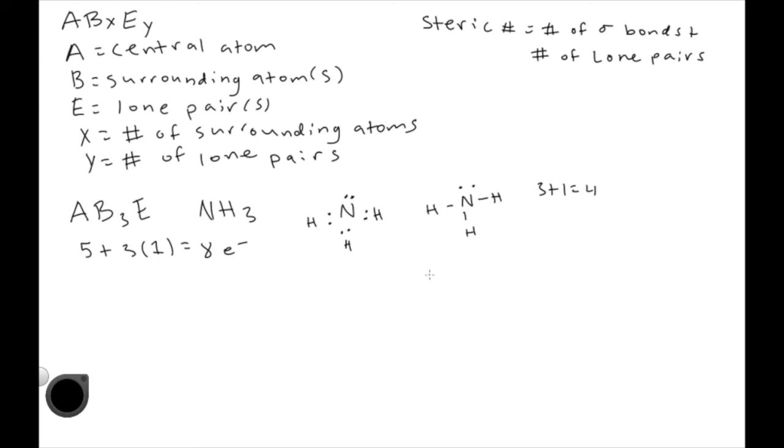Right, so since our steric number is 4, the electron pair arrangement is going to be tetrahedral. And so since our electron pair arrangement is tetrahedral, our ammonia molecule is going to look something closer to this. We have our nitrogen in the center.